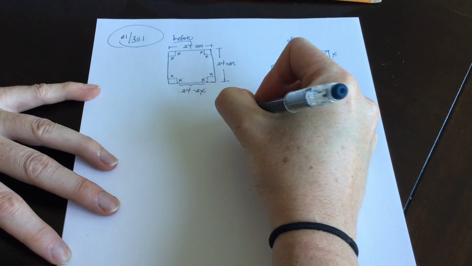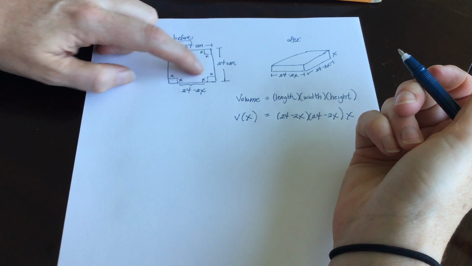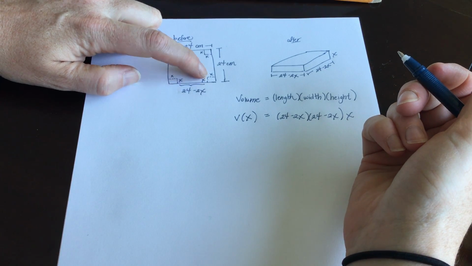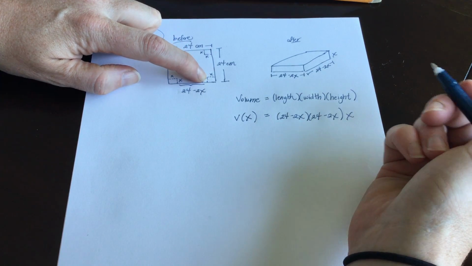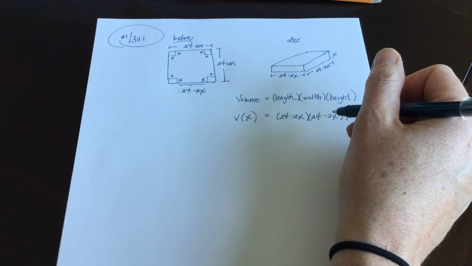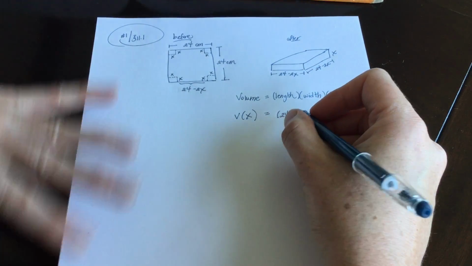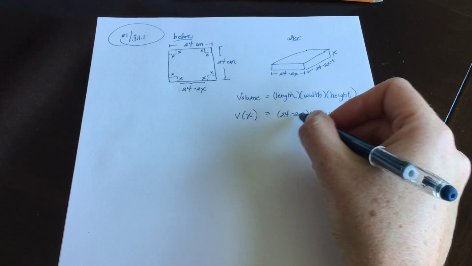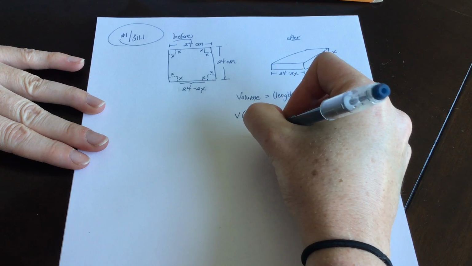And this is a volume formula in terms of X, where X is the length of that little tab that they cut out. This is not exactly what it shows for part B. What they did to get that is they factored a 2 out of each of these factors.